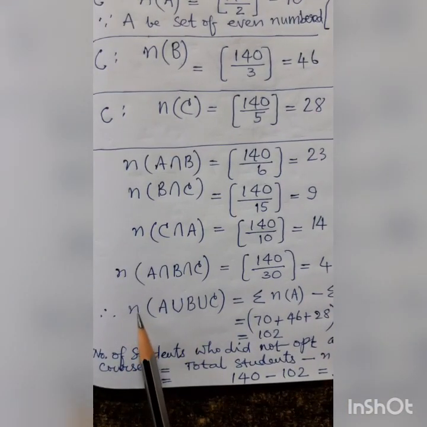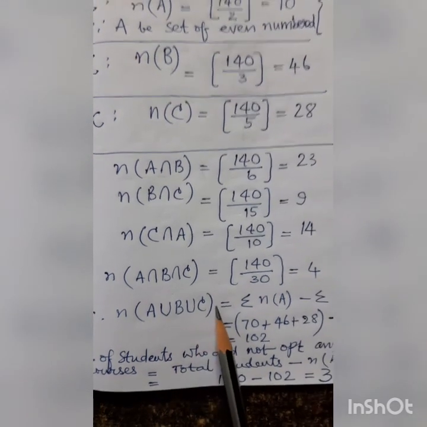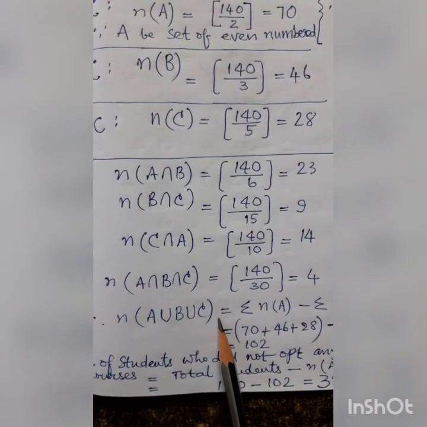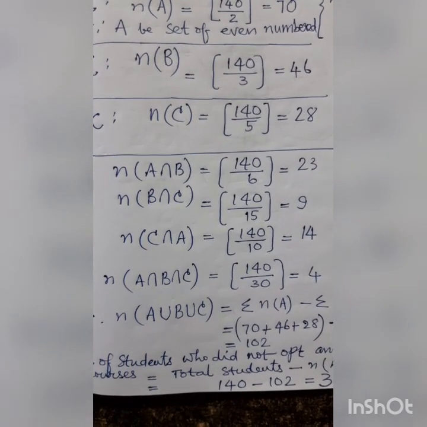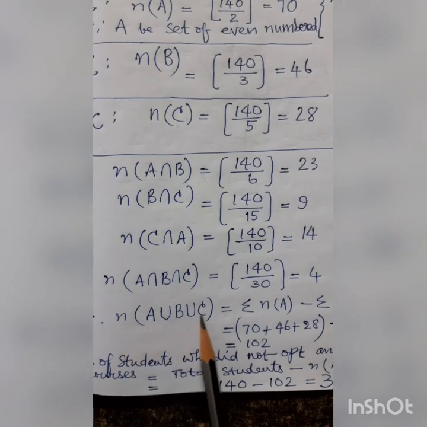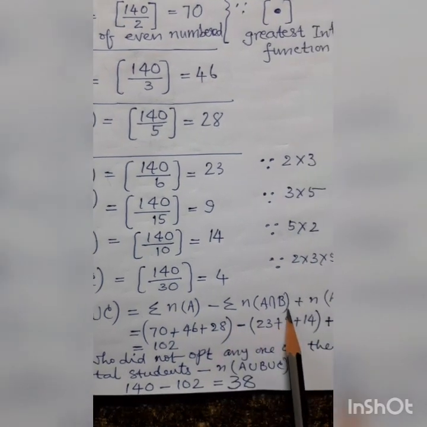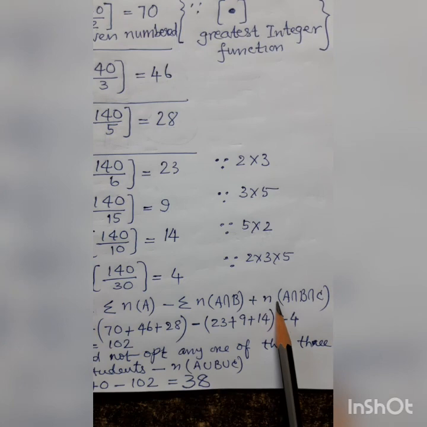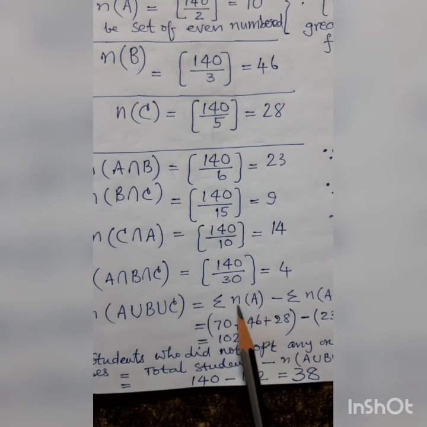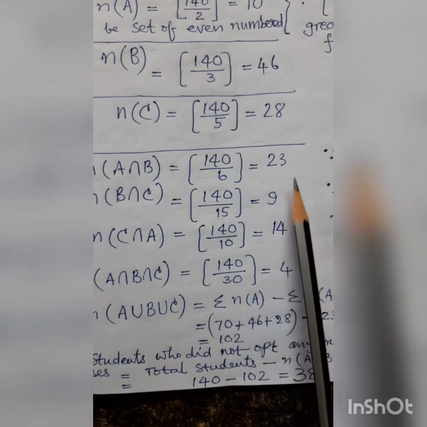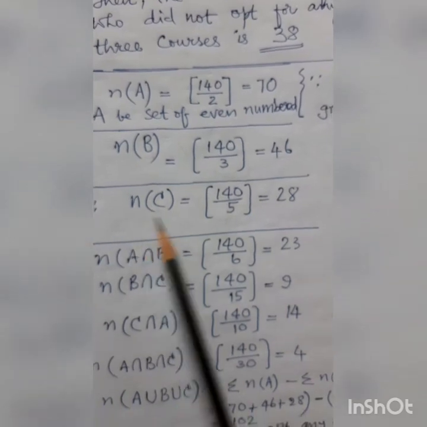Now N of A union B union C. One formula is there: N of A union B union C equals sigma N of A minus sigma N of A intersection B plus N of A intersection B intersection C. Sigma N of A means N of A plus N of B plus N of C. N of A is 70, N of B 46, N of C 28.